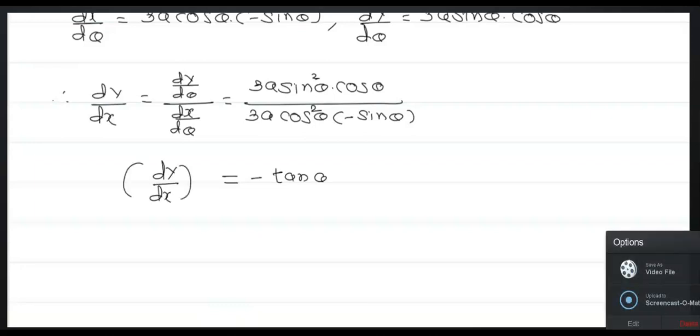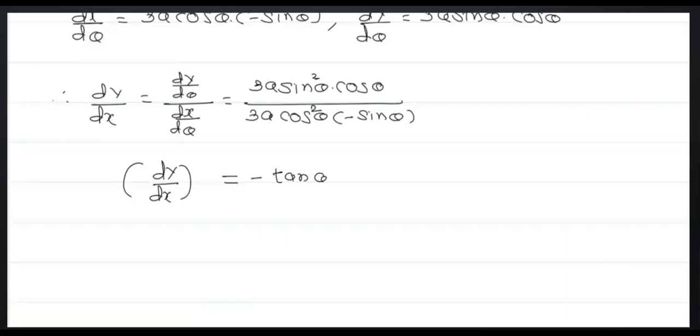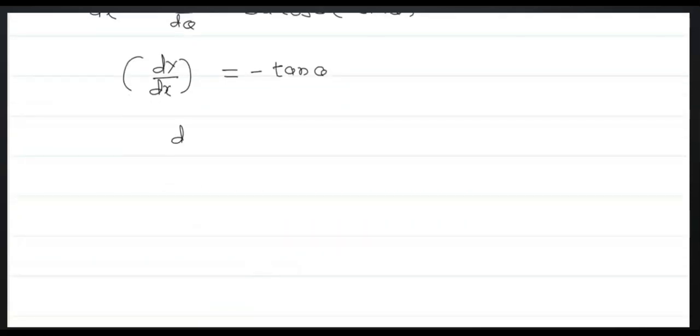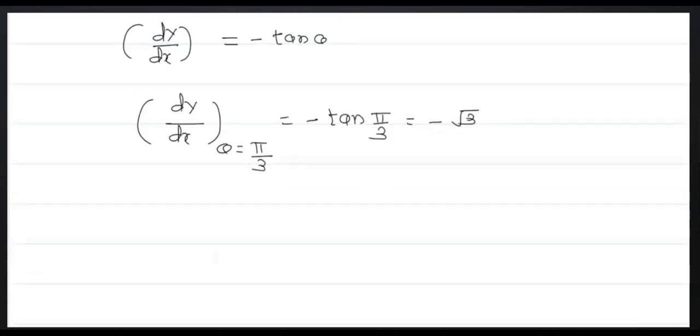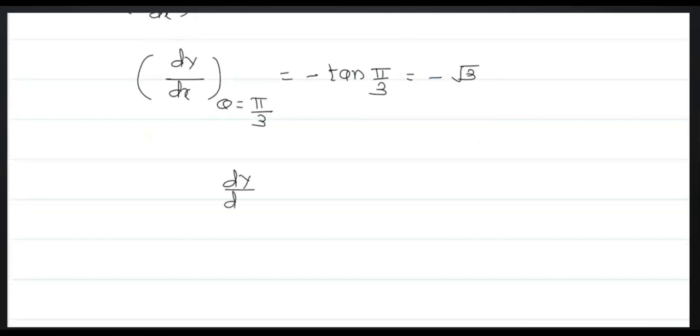This is the answer, minus tan theta. But it is at theta is equal to pi by 3. Therefore tan of pi by 3 is equal to root 3, and hence dy by dx is equal to minus root 3.